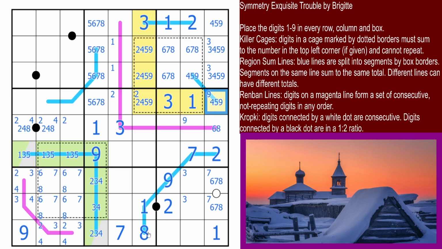Now what is happening? 2, 4, 5, 9. 2 is here. 2 is one of these. 6, 7, 8, 7. Oh, that's not 7. That's 6 or 8. So 7 is here, right? One of these is 7.